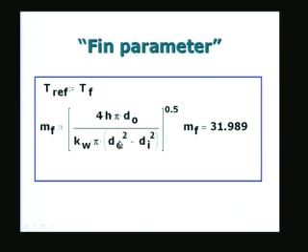This 4 is coming from pi d squared by 4. So, it is actually h into the perimeter divided by k into area of cross section, whole raised to the power of 0.5, and if I substitute the values I have obtained earlier, I will get a value of 31.989.